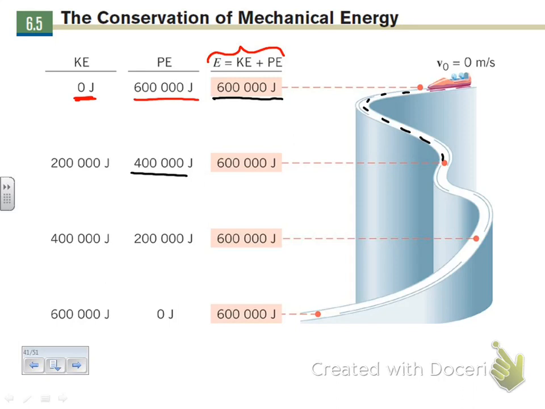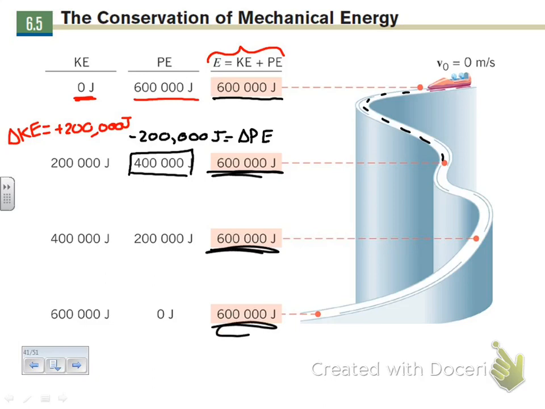If mechanical energy is conserved, the amount of potential energy you lose, which in this case was negative 200,000 joules, is going to be equal to the amount of kinetic energy you gained. And in the end, you still end up with the same mechanical energy throughout the entire trip.